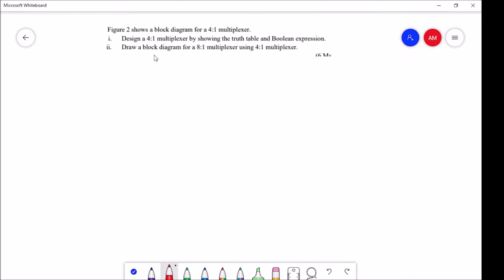Okay, for question number 4, we need to design a 4-to-1 multiplexer by showing the truth table and Boolean expression.